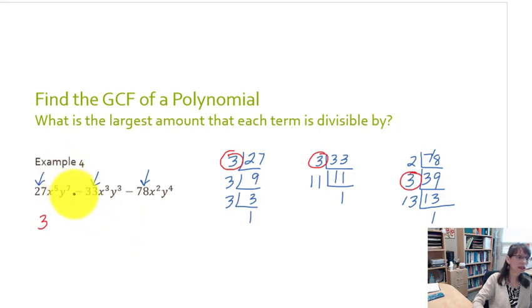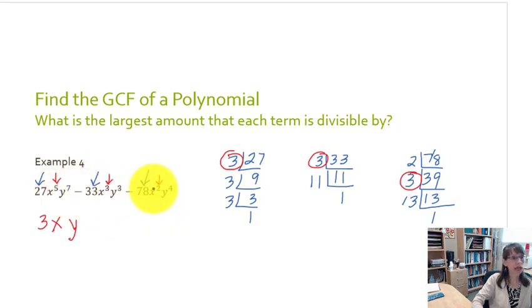Now we'll take a look at the variables. xy, xy, xy. All terms have some amount of x and some amount of y. Let's check out the powers. We've got power of 5, power of 3, power of 2 for the base of x.